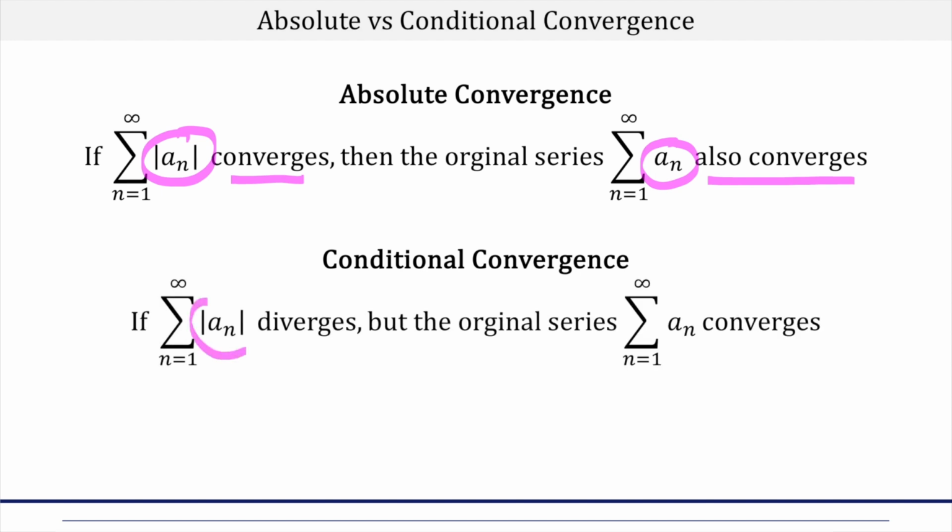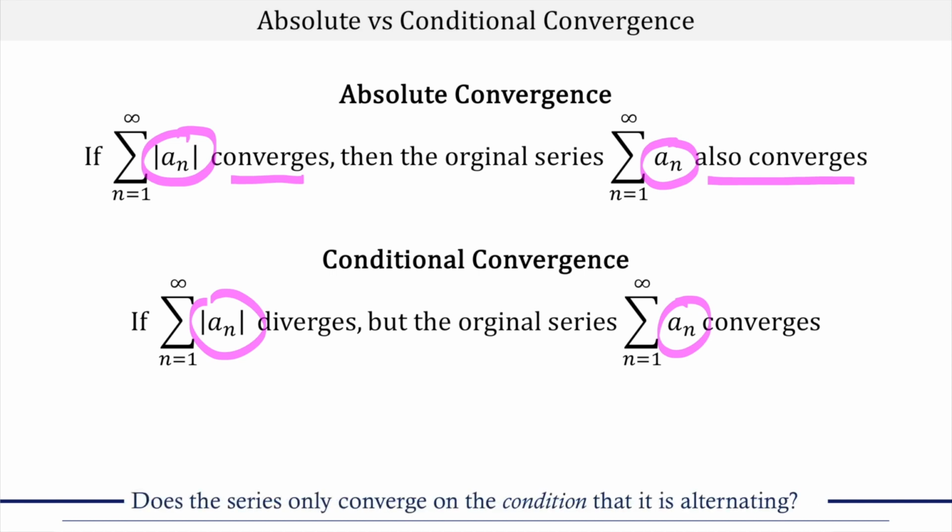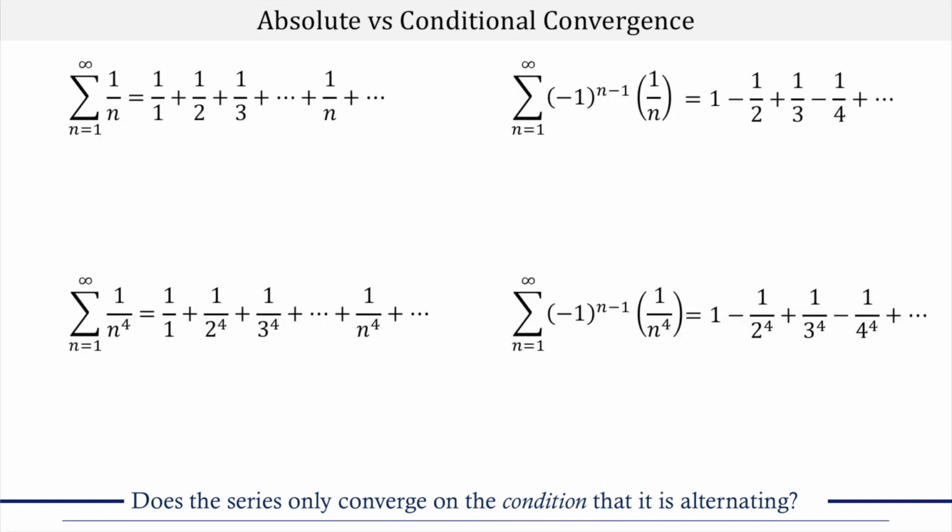If the absolute value of a sub n, its series, diverges, but the original series, a sub n, converges. In other words, what we're asking here is, does a series only converge on the condition that it is alternating? Let me show you what this means.